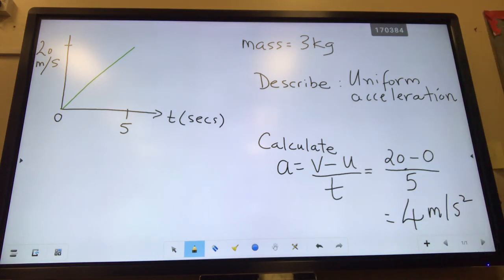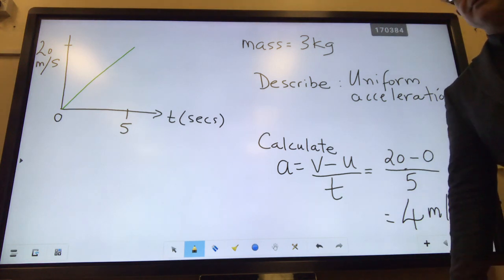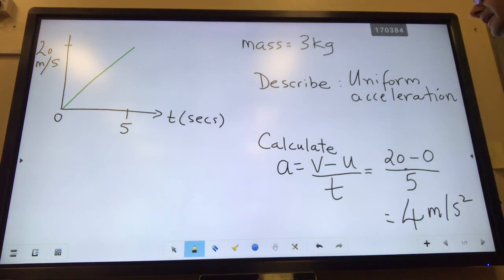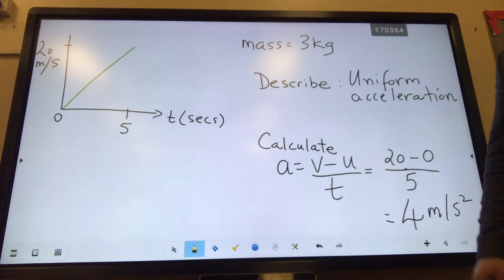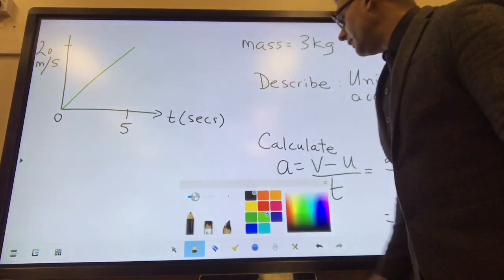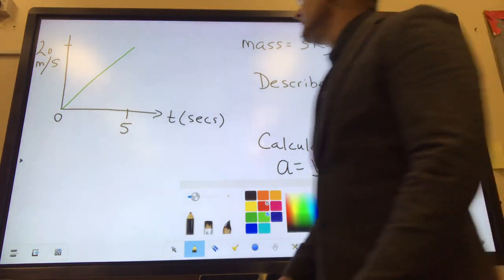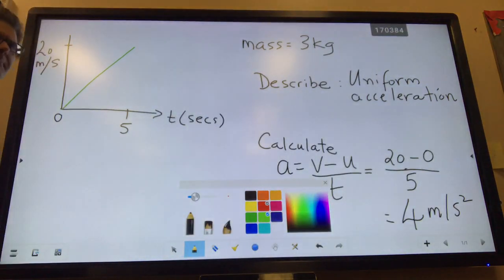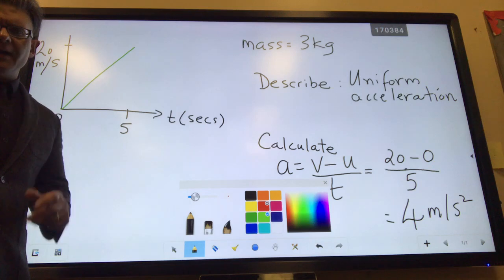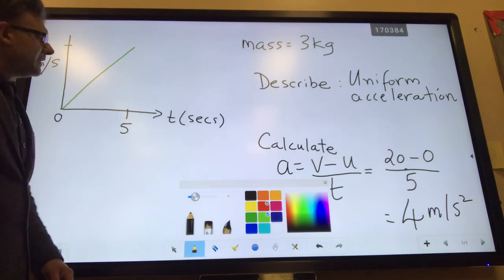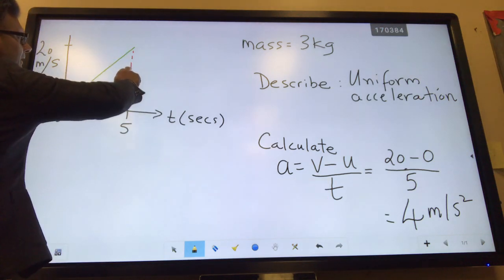Now from this, we are able to calculate a number of different things. Not only can we calculate the distance travelled, because the distance travelled is simply the area underneath the graph. To show that, we can focus on the area underneath the graph. And remember, one of the key things you must remember is that in order to work out the distance travelled, it's going to be this particular area here.